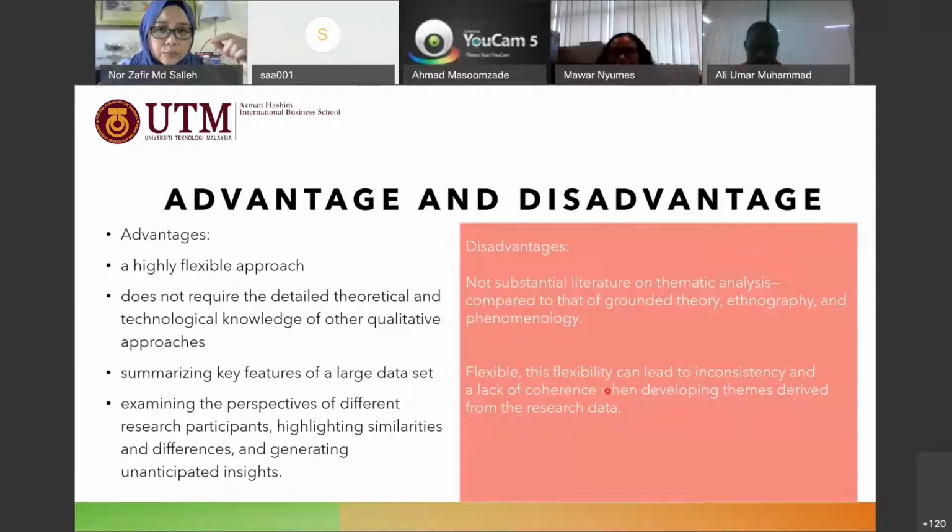So you have to be extra cautious if you want to adopt thematic analysis as your research method. I suggest you combine thematic analysis with grounded theory, partially grounded perhaps, to make your research more acceptable as PhD research. If you want to do a mixed method, I think this could be accepted.